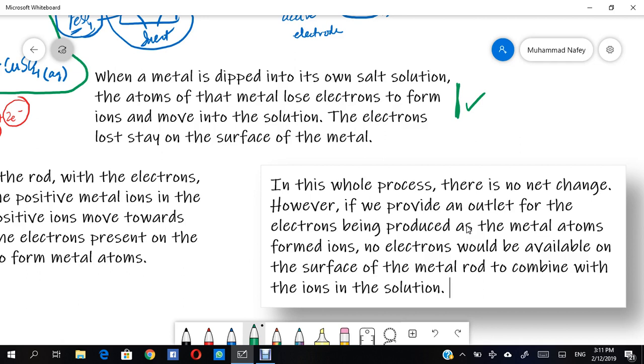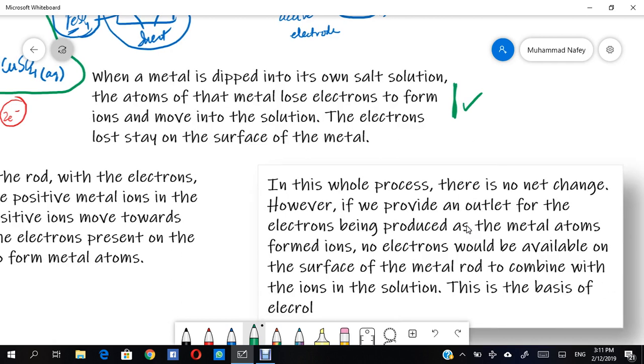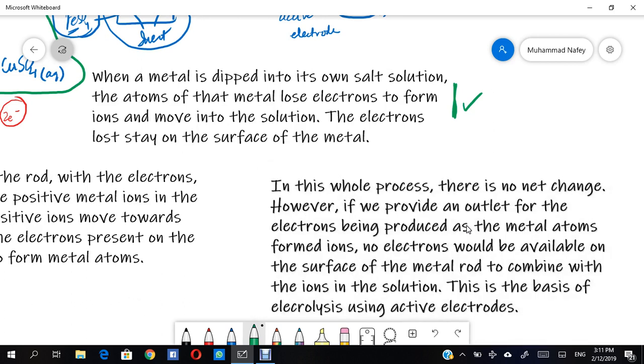And this is the basis of electrolysis using active electrodes. So now let's see.